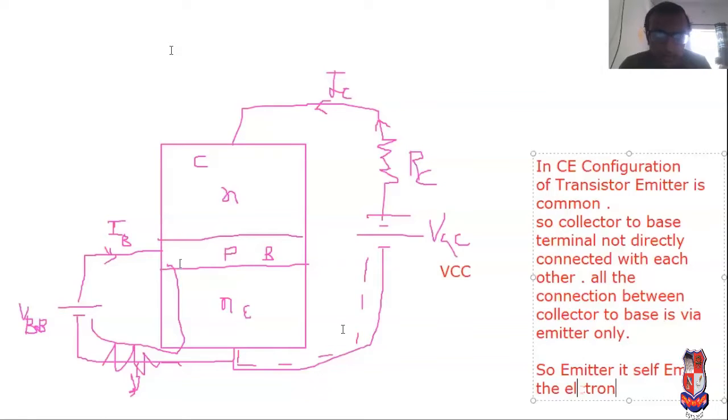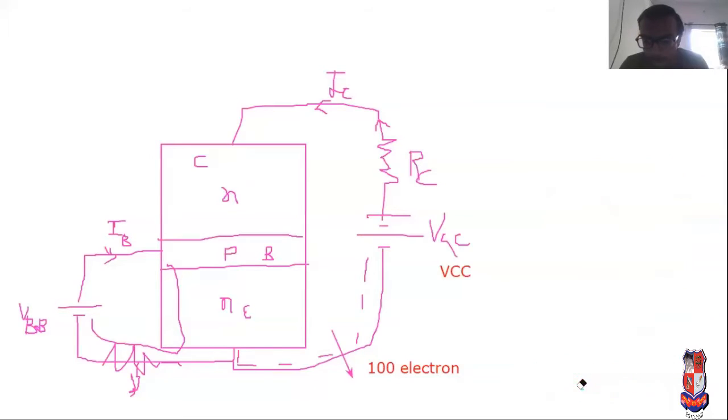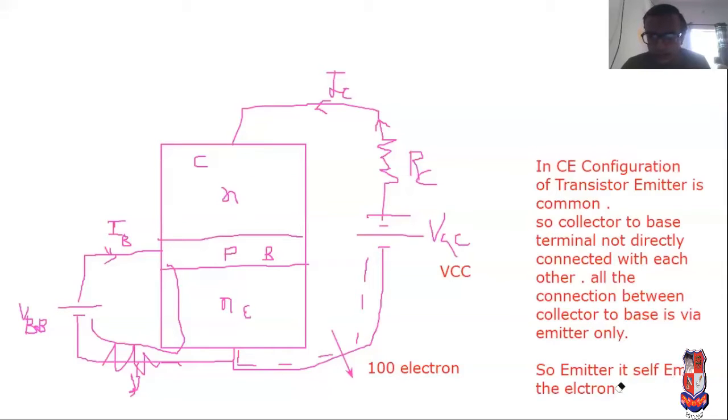Assume that if 100 electrons are present here, then these electrons can travel towards the emitter.